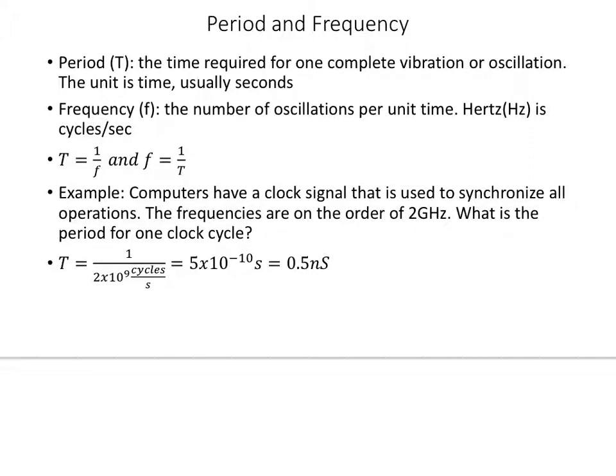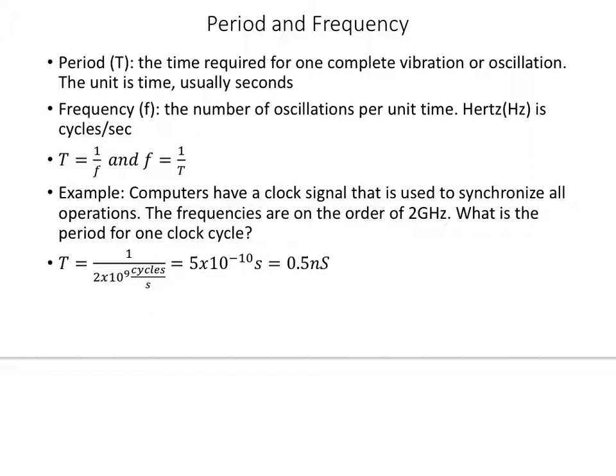So here's an example. Computers have a clock signal that is used to synchronize all operations. The frequency is on the order of 2 gigahertz. You've probably seen this number before in reference to computers. What is the period for one of these clock cycles? Well, T is just equal to 1 over the frequency. The frequency is 2 gigahertz, which is 2 times 10 to the 9th cycles per second.